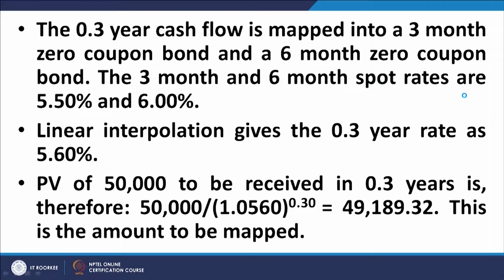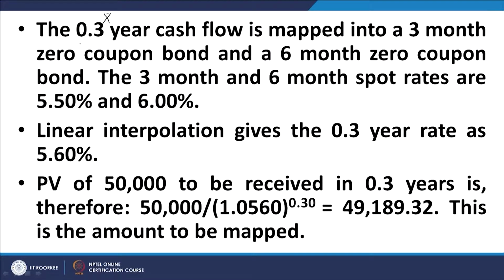Now, the spot rates for the 3 month and 6 month bonds are given as 5.5% and 6% respectively. This enables us, by linear interpolation, to work out the spot rate corresponding to 0.3 years, which is the maturity of the bond that we have to map.